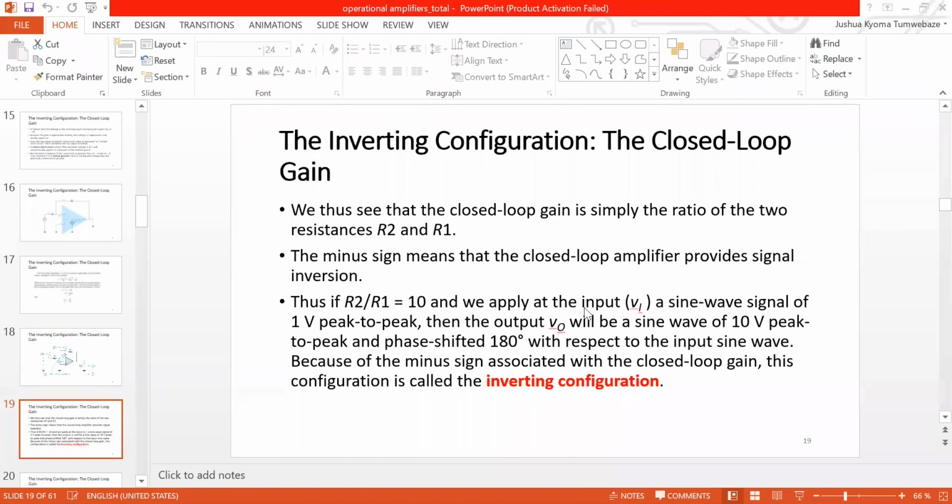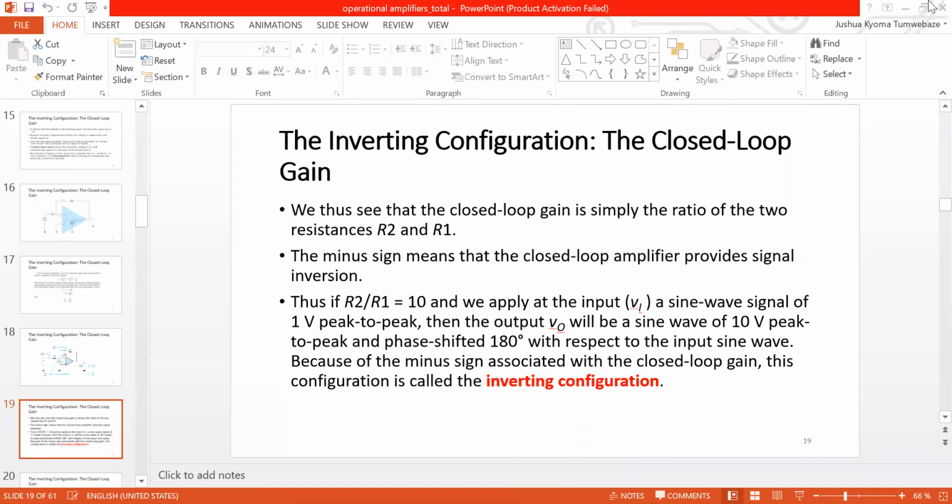So this is what we are referring to as the inverting configuration, because of that phase shift of 180.